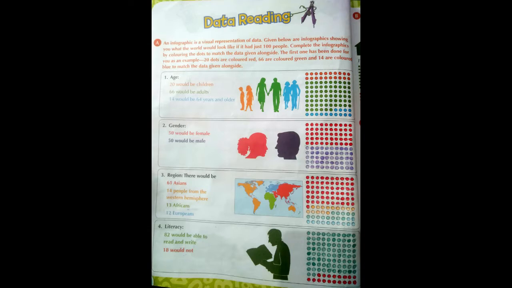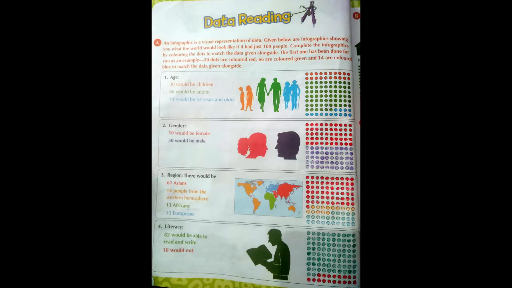See, now 66 dots are colored in green. Can you see 66 green color dots? Come to the next one. 14 would be 64 years and older. See, 14 blue color dots. Like that.